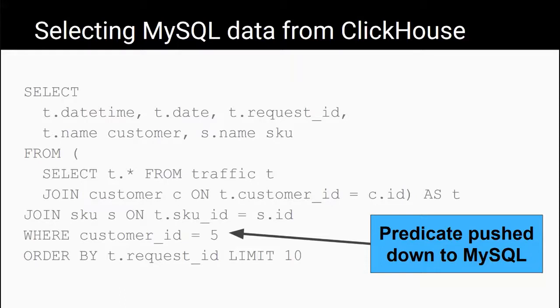The MySQL database engine is pretty good in the sense that it has a fair amount of knowledge about MySQL semantics. For example, it knows that it's doing a join on a couple of MySQL tables. It will push down the where customer ID equals 5 predicate to MySQL, so it reduces the amount of data that's selected.